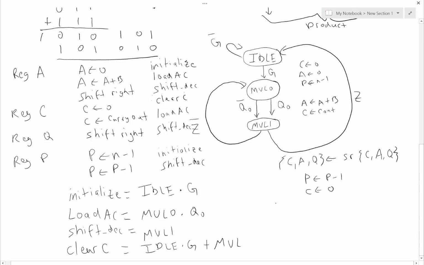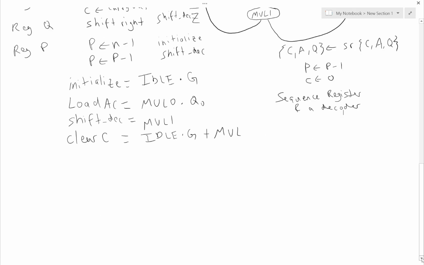Okay, so now we can go ahead and implement this control unit or finite state machine, and I'm going to implement it with a sequence register and a decoder, which is basically what we've done before, where we're going to write out the next state table, come up with the Boolean expressions, but I'm also going to use a decoder before I generate the final control signals, in this case, these 4 control signals. So I have 3 states in my diagram.